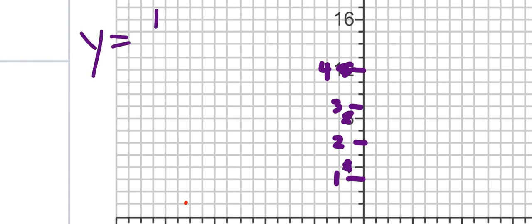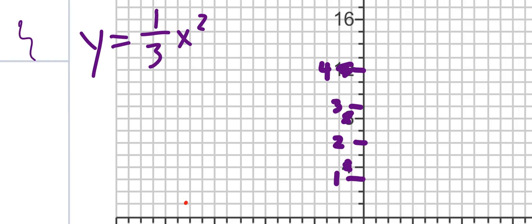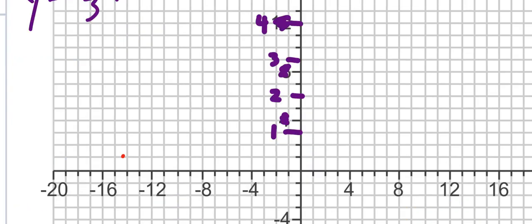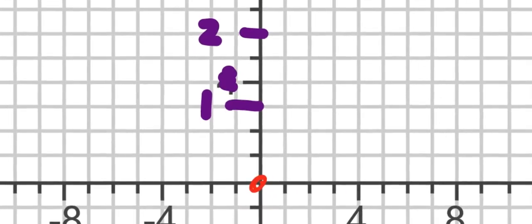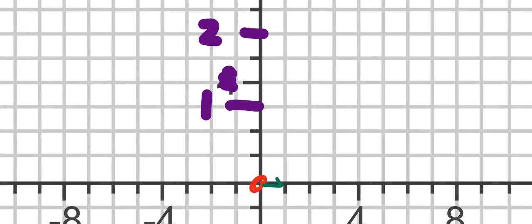Y equals 1/3 x squared. And see what you got. Okay, so everybody should have had a point right there at 0, 0. If I go 1 unit to the right, how far up do I go?